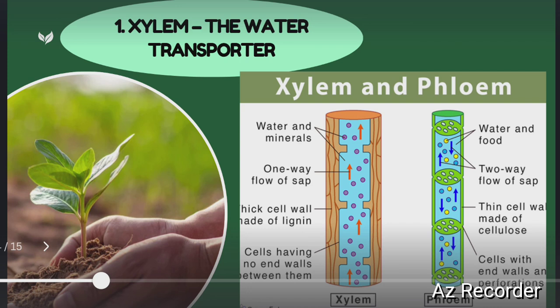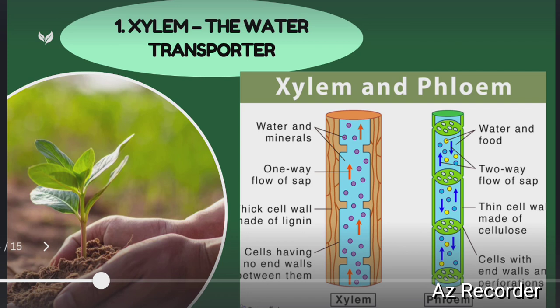This is the simple translocation or transportation in plants: xylem and phloem, the main elements in them, and how the process occurs. In plants, only two transport systems are there. Xylem transports water and minerals in only one direction, the upward direction, and it is a passive process because no energy is needed.